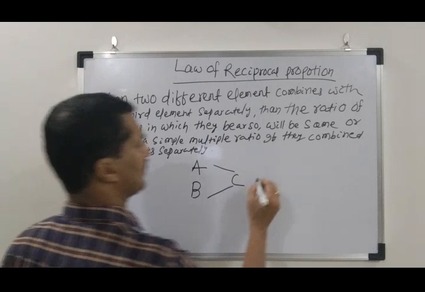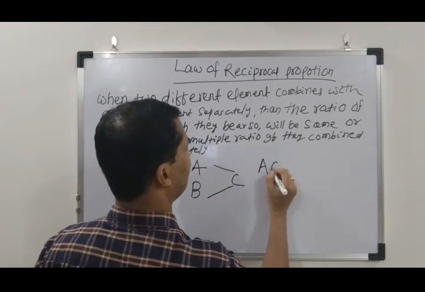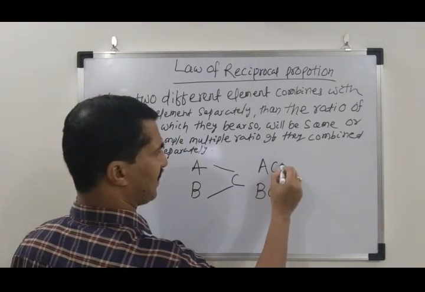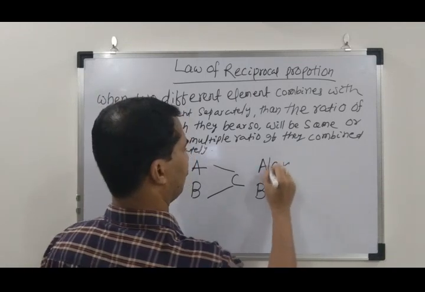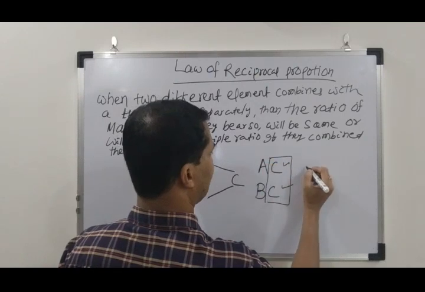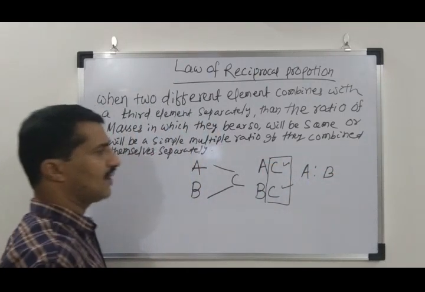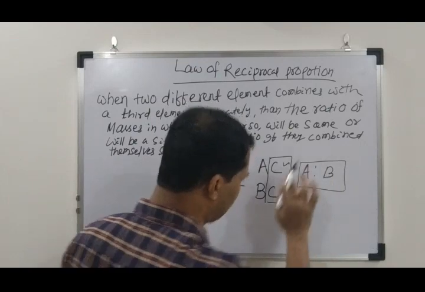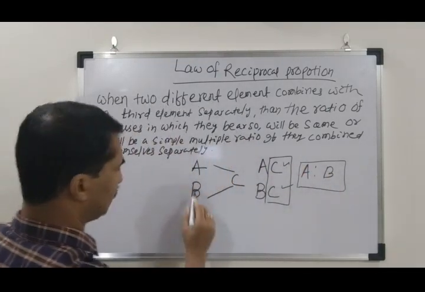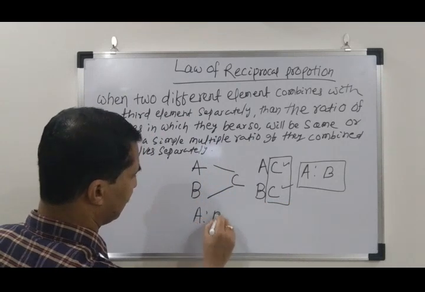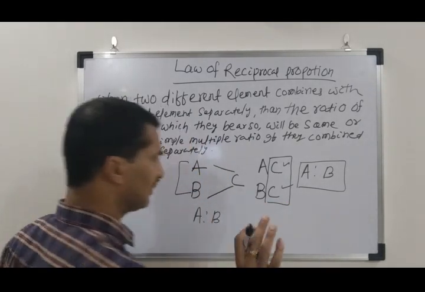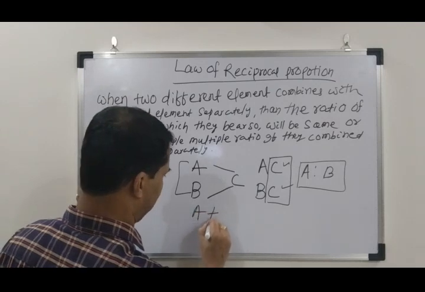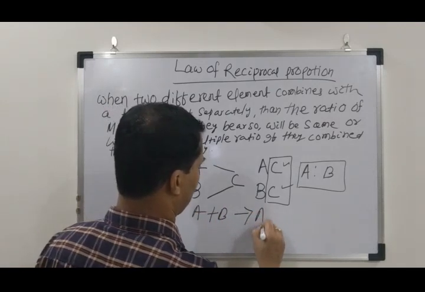Let us say two different compounds are formed, A C and B C. Because the mass of C is fixed, if I take the ratio of A and B here, what the law is saying is that this ratio will be either equal or a simple multiple of the ratio of A and B if A and B combine separately to form a product, let's say AB.